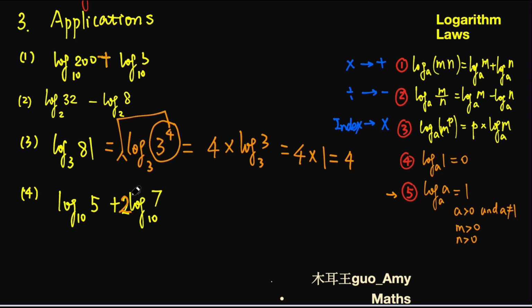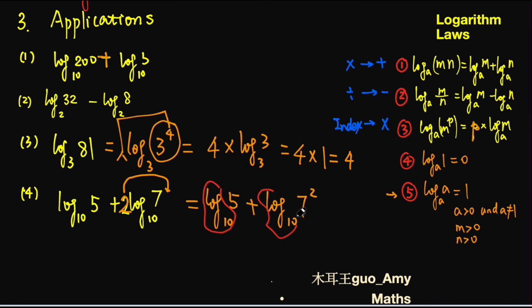In this case, we have to deal with this coefficient by using the third law. We put the coefficient back to the index of the argument. It means we are going to convert the expression to log 5 to base 10 plus log 7 squared to base 10.